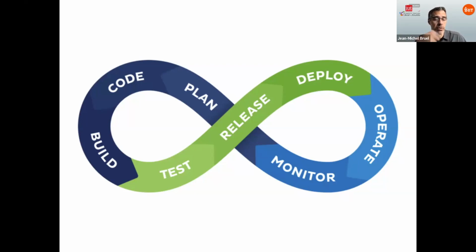You can have the best software you want. If the company doesn't make money with this software, it's not much good for the company. So this is another aspect that we won't address too much here, but which is also very important.